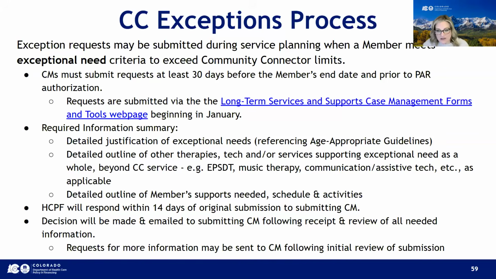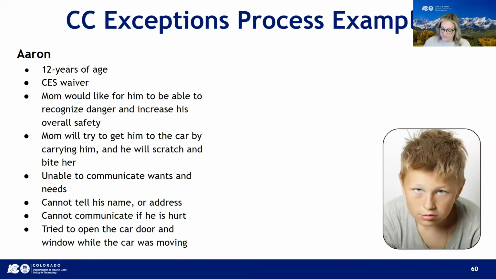If it is determined by you as the case manager that the request for services does not fall within the service description, or you are unable to justify the need through your age-appropriate assessment and documentation, you can reduce authorized units to the new 1,040 limit and send a notice of action. Let's look at an example of an appropriate Community Connector exceptions request.